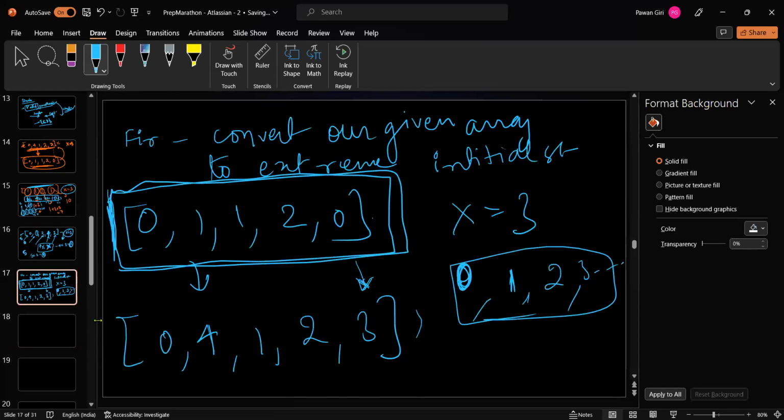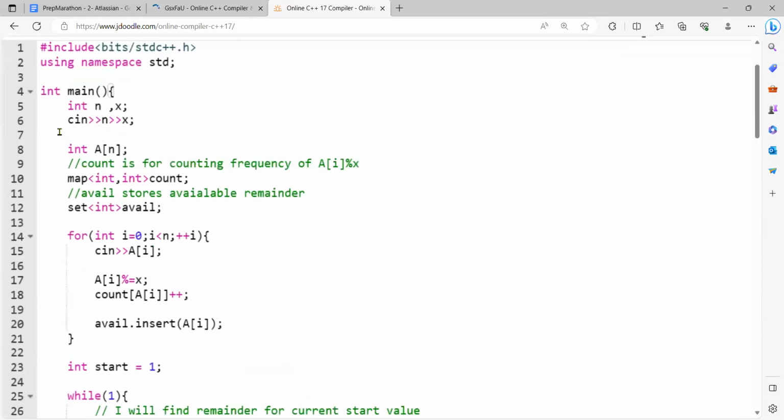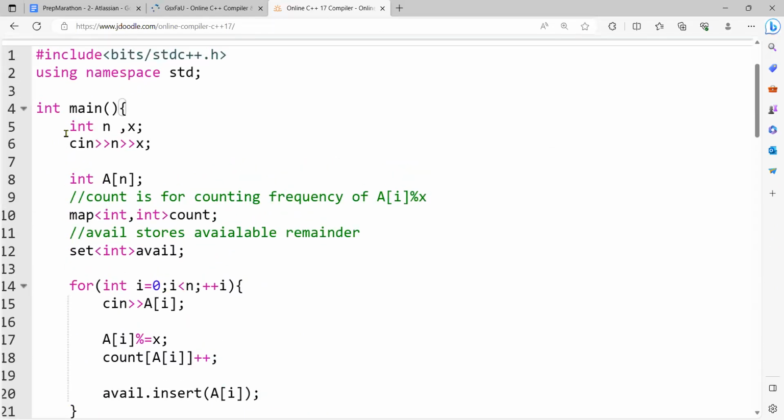Now let me show the code for this. Okay, so here we are starting. The code is not very hard.